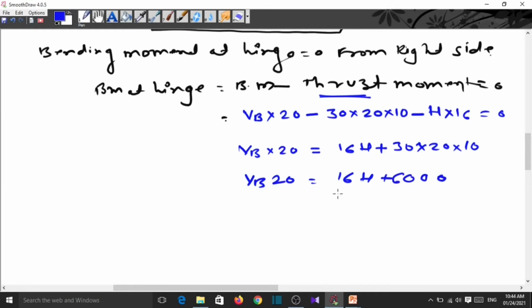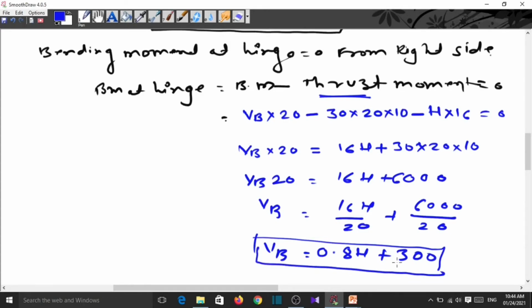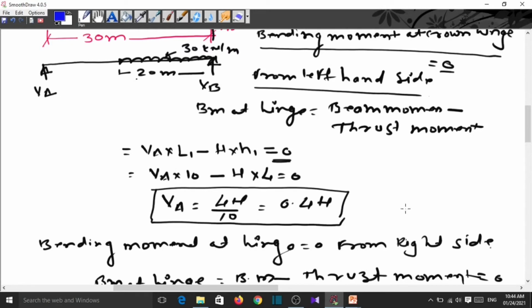And VB is equal to 16H divided by 20 plus 6000 divided by 20. So we got VB equal to 16 by 20 is 0.8 H plus 300. So here we got VB is equal to 0.8 H plus 300, and the previous one, VA is equal to 0.4 H.